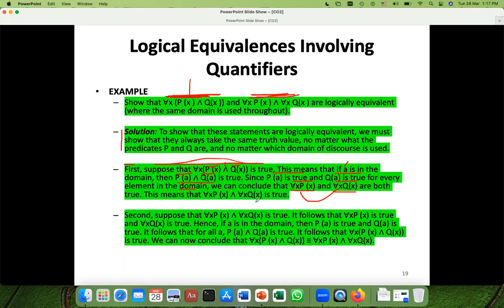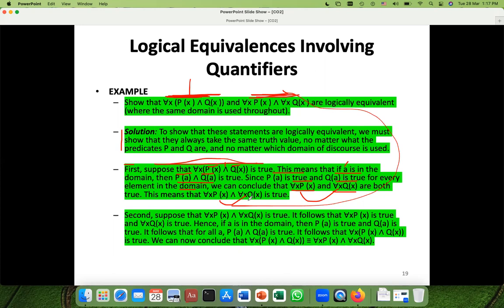And if you make the conjunction, if both of these parts are true, then after making the conjunction you will get again the true value, which is this second statement. So you are reaching this second statement by theoretical discussion.